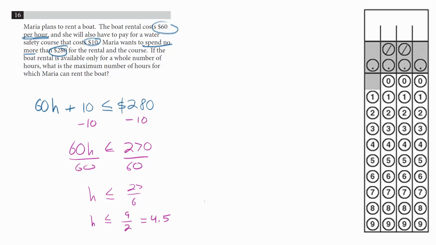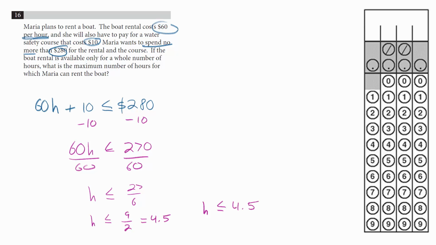So as long as she spends less than or equal to 4.5, she's good, right? Why do I keep writing 4? 4.5.